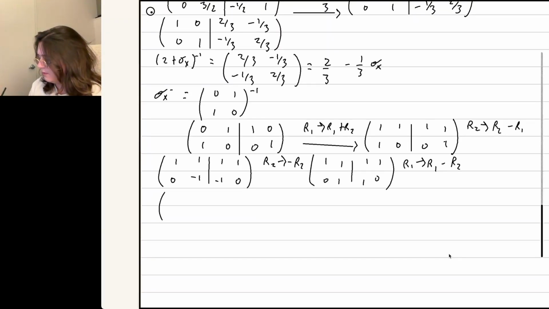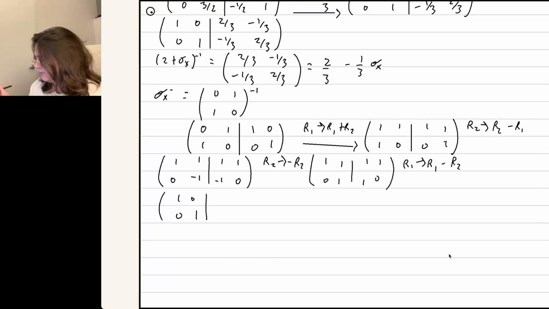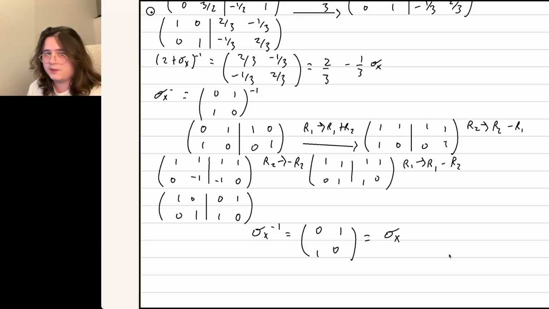So you'll get 1, 0, 0, 1 on this side, and on the other side, I have 0, 1, 1, 0. Would you look at that? If you take the inverse of the Pauli X matrix, you get 0, 1, 1, 0, which is just Pauli X again. So it's its own inverse. Nice.